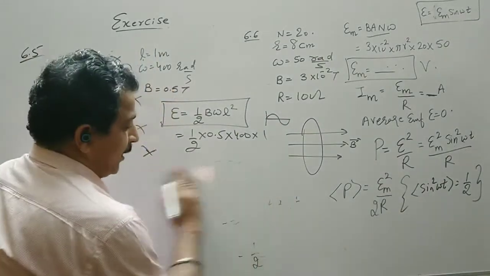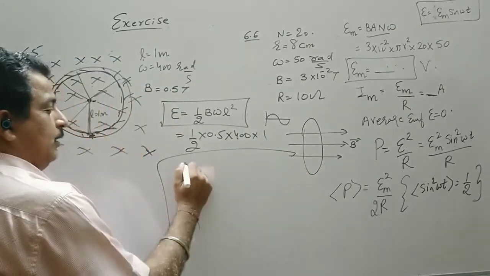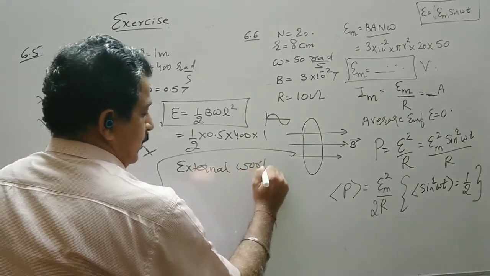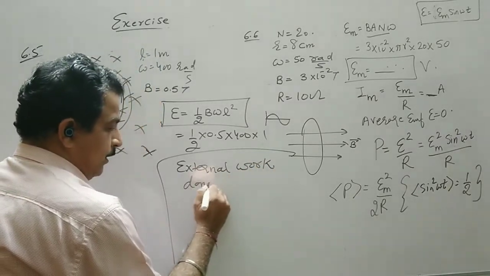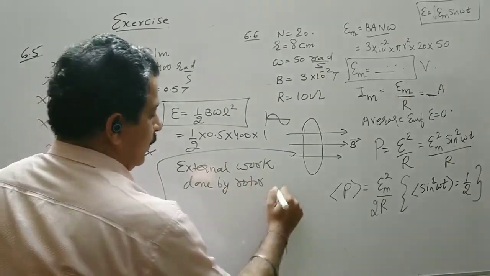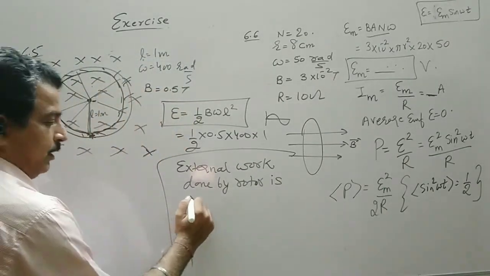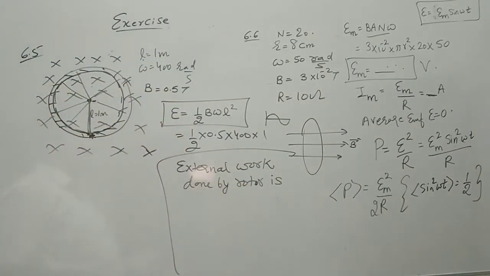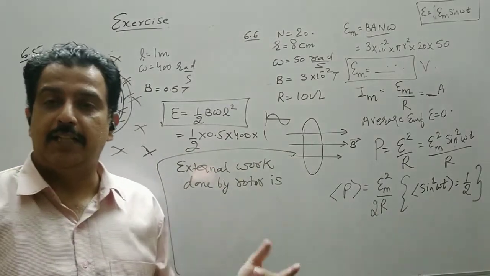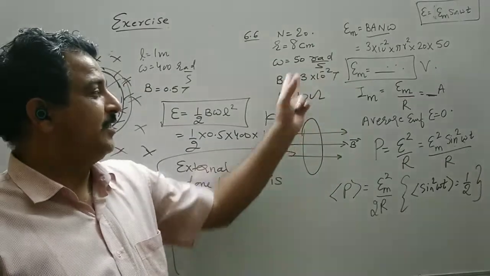So the external work done by the rotor: whatever work we are doing, we are not using that energy. The mechanical energy is converted into electrical energy, but we have a resistance in the circuit.